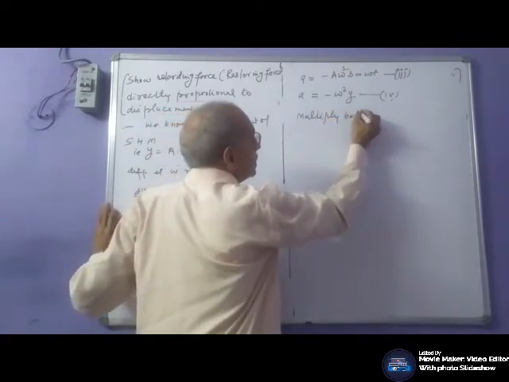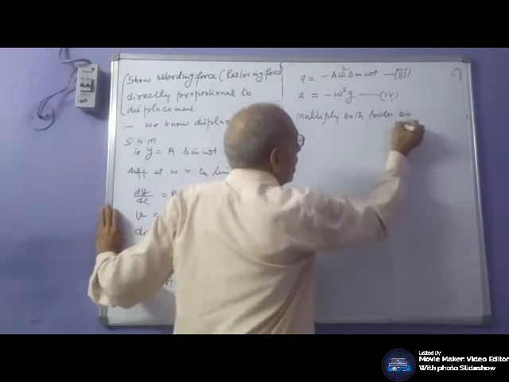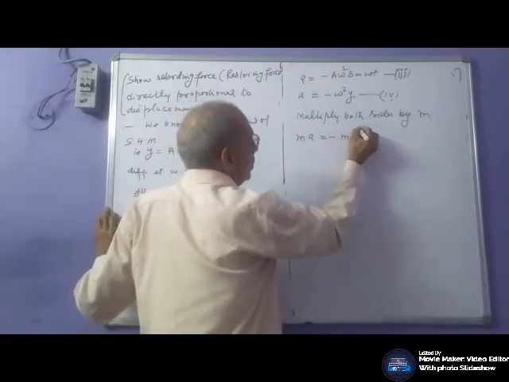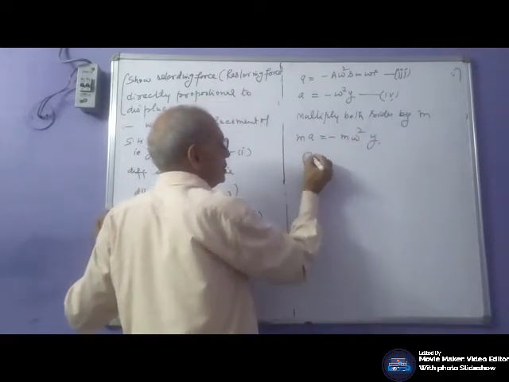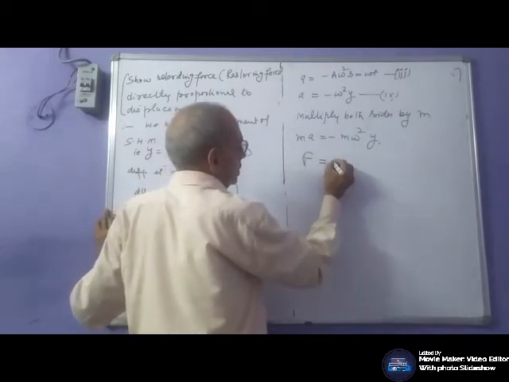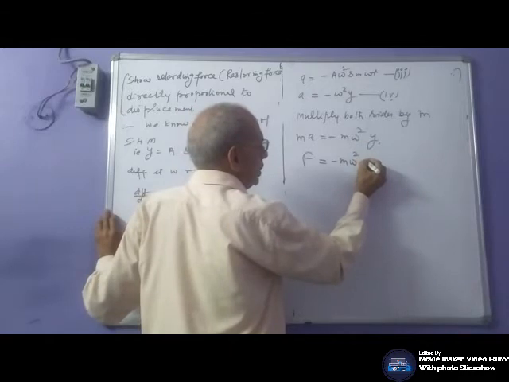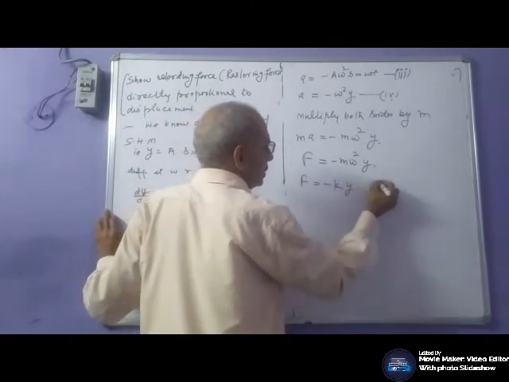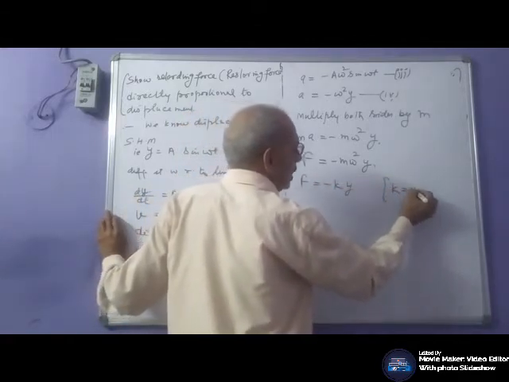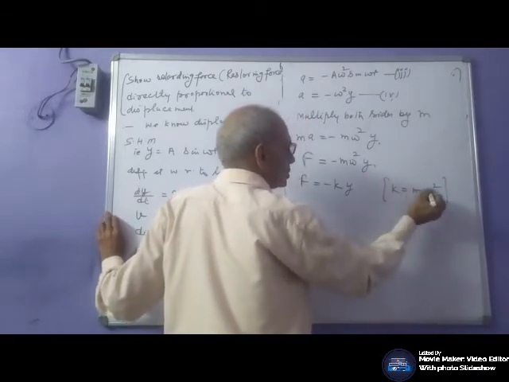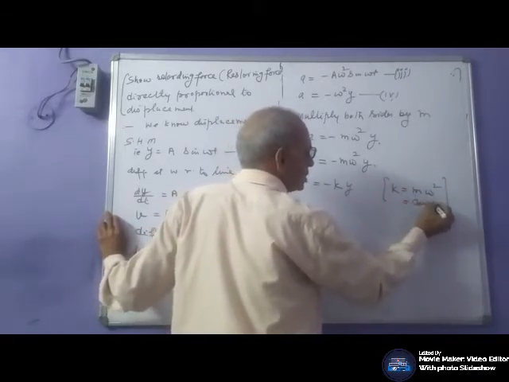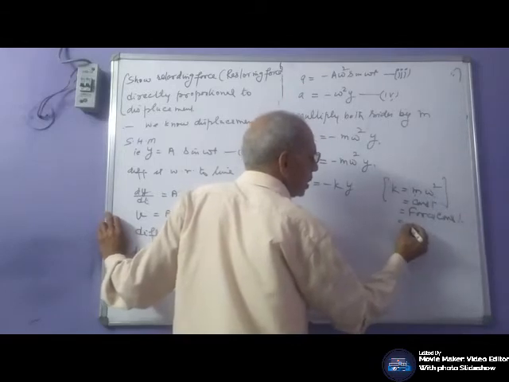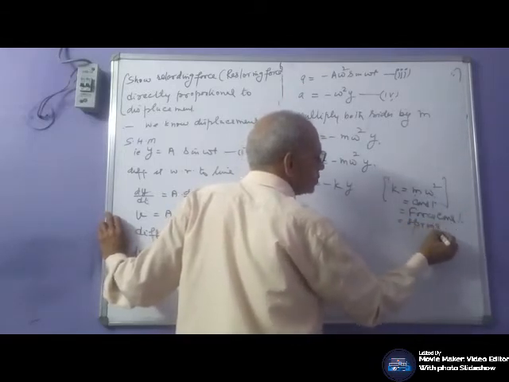Multiply both sides by m, m omega square y, this is force, minus m omega square y, minus ky. k is m omega square, m constant, omega constant, so this k is constant, called force constant, called spring constant.